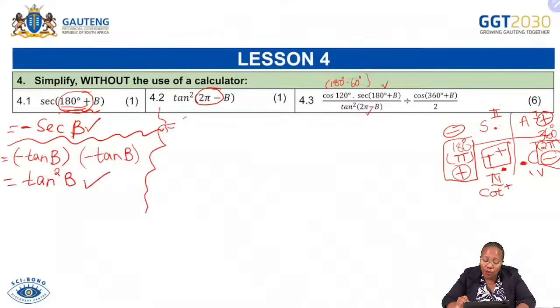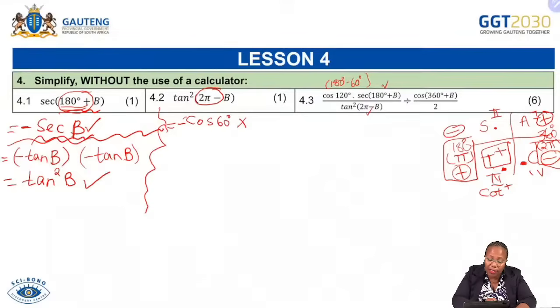In quadrant 2, cos is negative. Then you'll be having negative cos of 60 degrees. Multiply sec 180 plus b, we have already calculated. It will be a minus sec b from question 1. And then all over the tan squared of 2π minus b, we ended up with tan squared b. That will be tan squared b.